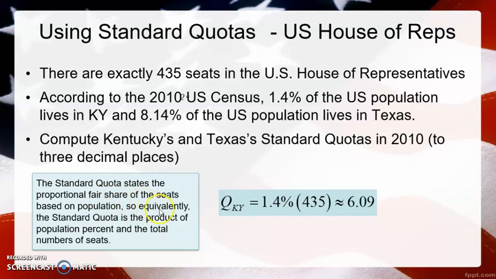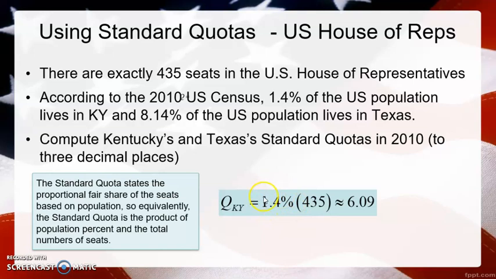So the standard quota states the proportional share of the seats based on population. Equivalently, the standard quota is the product of the population percent and the total number of seats. Since Kentucky has 1.4% of the population and there are a total of 435 seats in the House of Representatives, we take 1.4% as a decimal, 0.014, and multiply by the 435 seats, which gives approximately 6.09 as our standard quota.